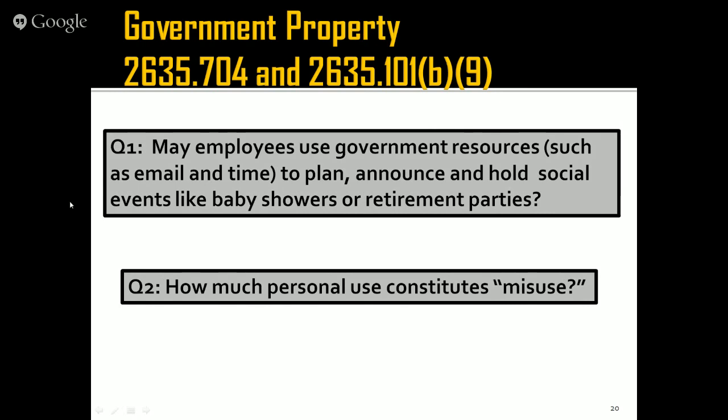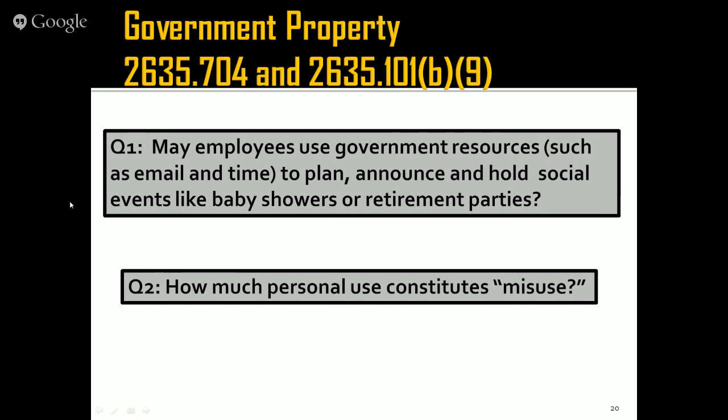So our first question, and it's surprising because we have actually gotten questions at OGE about this, and I'm assuming many ethics officials get these questions as well, is: how much may employees use government resources to plan, announce, and hold social events like baby showers or retirement parties?